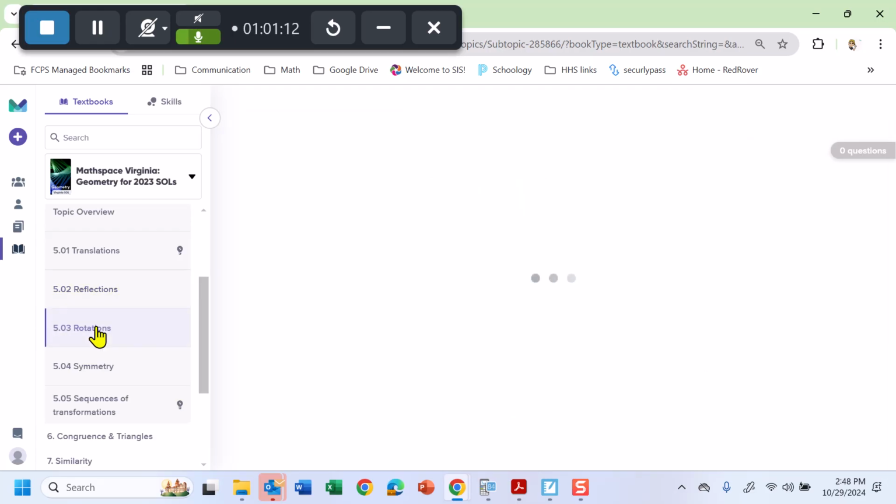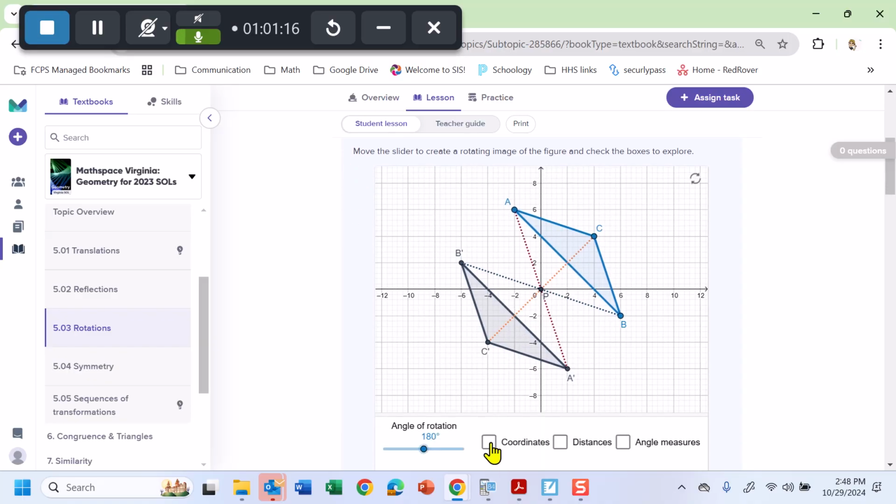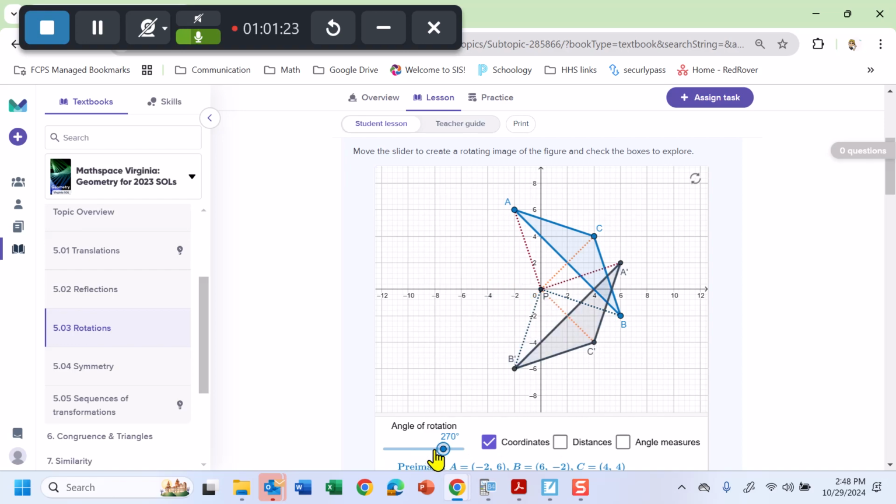If you go to rotations, you can go ahead and you can see the coordinates. You can look at the rotation around that point of your shape. And you can change your shape too.